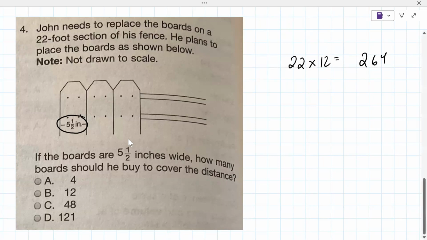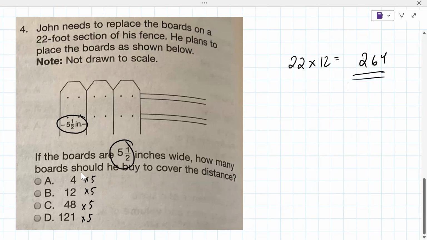Now each board, if you want to estimate, is about 5 inches wide. So a couple ways to do it is you could multiply each of these by 5 and see which one gets you closest to 264. Multiply them each by 5?